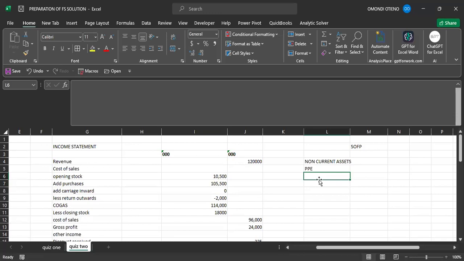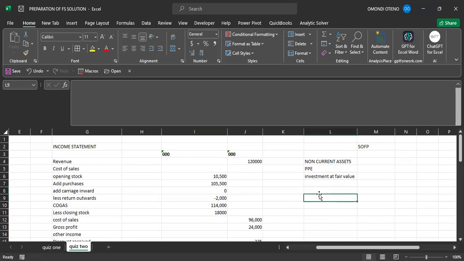We have investments at fair value. If you have financial assets, they are going to be taken to this part. So once you bring in these two, we'll be getting total. Then you get intangible assets here. If you have anything to do with goodwill, you get total and current assets.